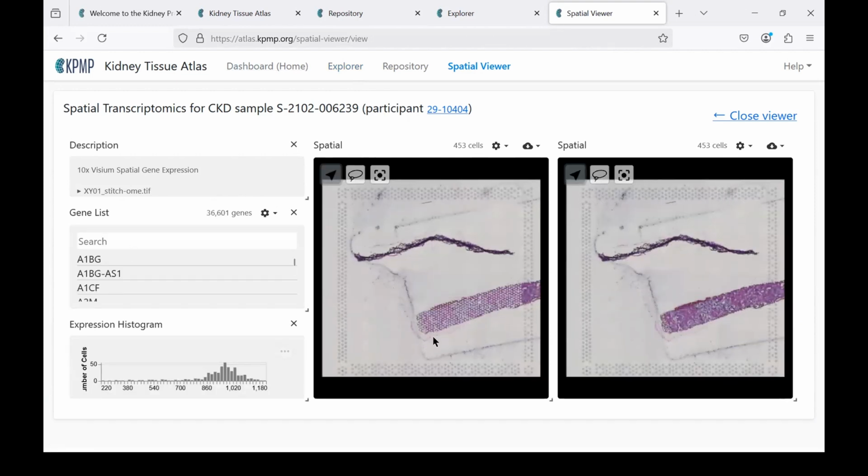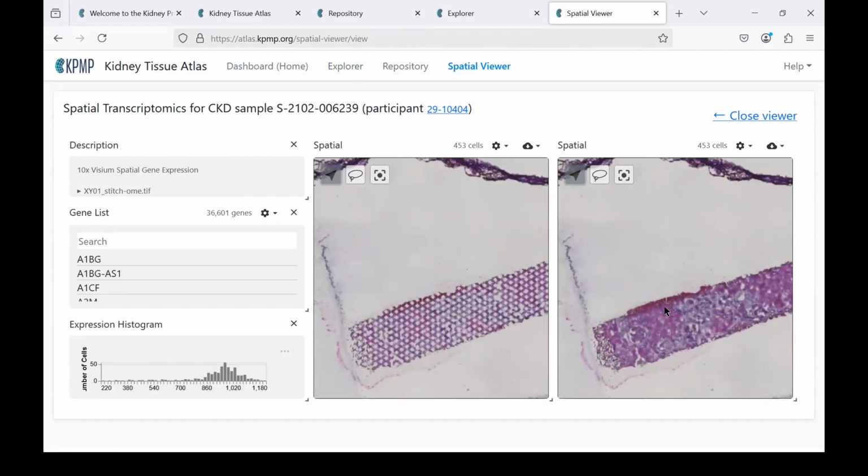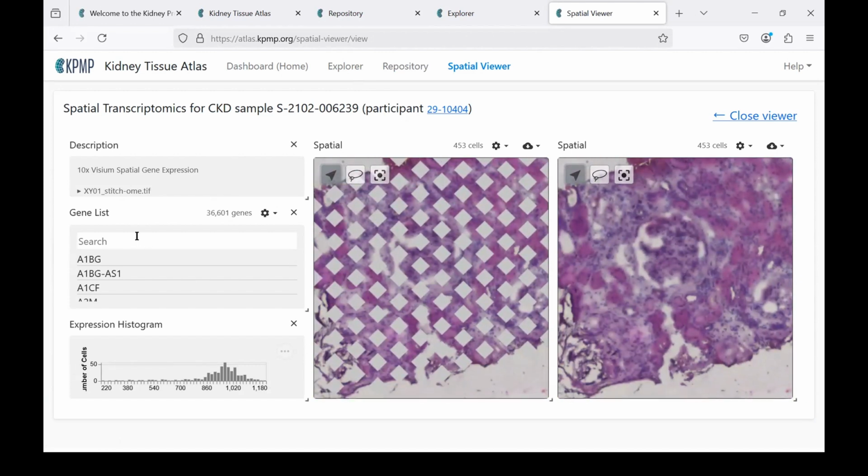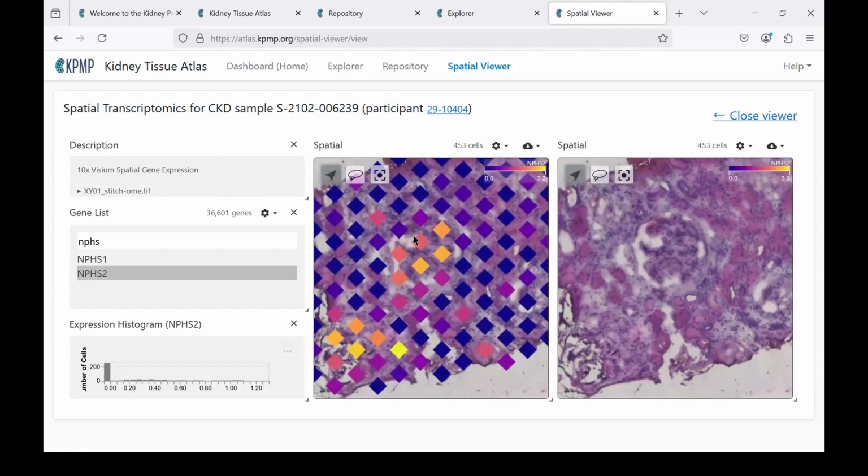You can see the histology. Here's the zoom of the histology. So you can see the glomeruli, for instance, and then you can search again NPHS1 or NPHS2, which are expected to be identified in podocytes of the glomeruli.